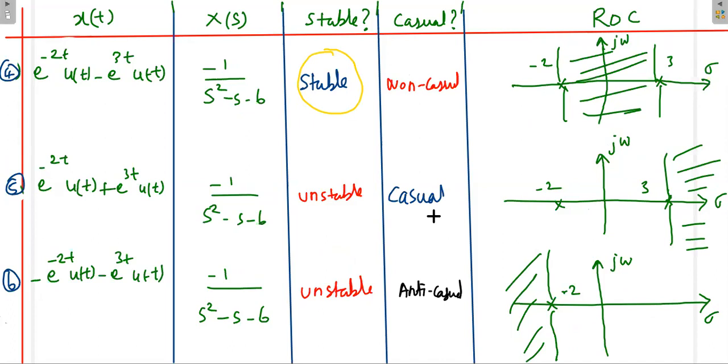So that means, to get stability, the ROC must include the j omega axis. To get a stable system, the ROC, the region of convergence, must include the j omega axis.